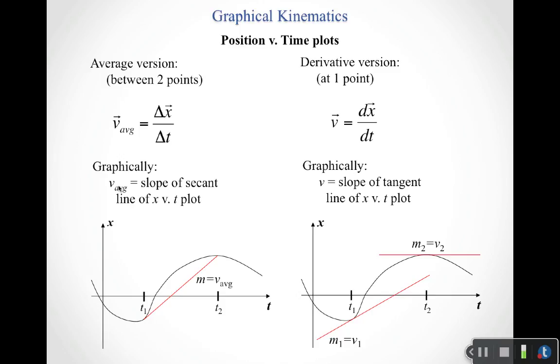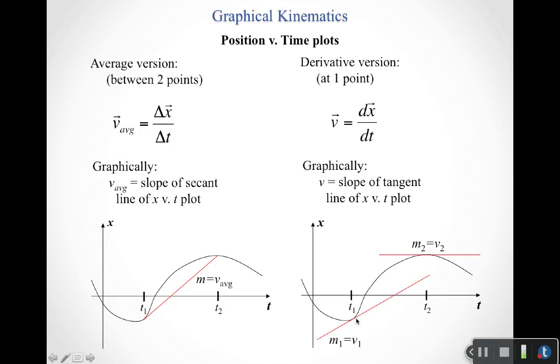Well, we know that if we make delta t smaller and smaller, so instead of t2 being way over here, you start bringing t2 back towards t1, then in the limit of making that delta t 0, we end up with a derivative. So here our derivative equation tells us that the instantaneous velocity is the derivative of x with respect to t, and graphically that's the slope of the tangent line.